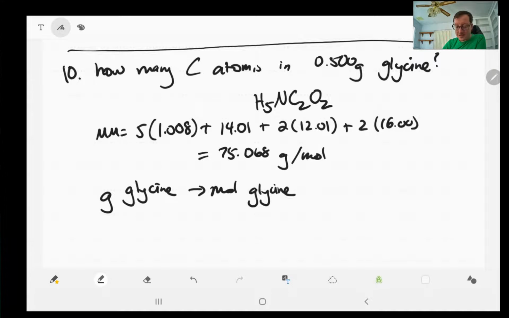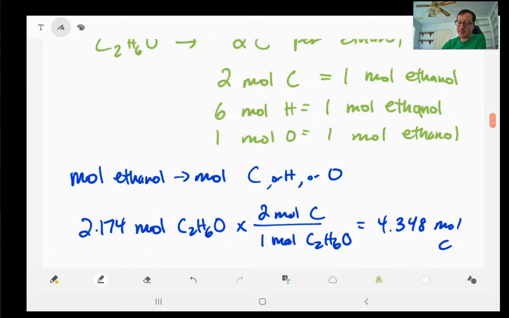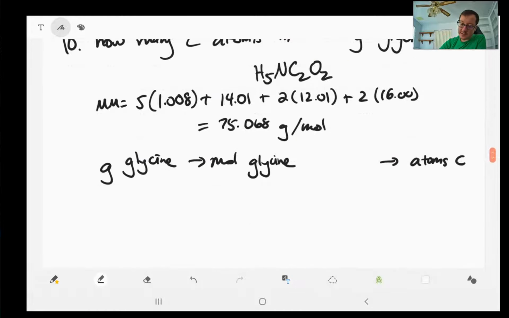Now we're trying to see how we go from moles of glycine to atoms of carbon. If we look back here, we saw that we can go from moles of our compound to moles of the element using the formula, right? So maybe it makes sense for us to go to moles of carbon next, in between those two.